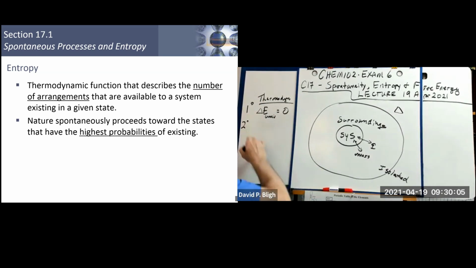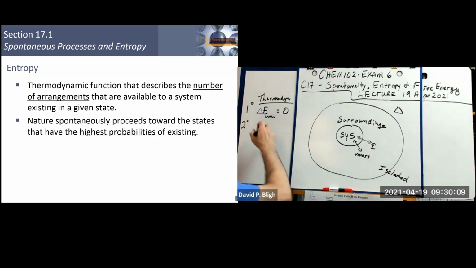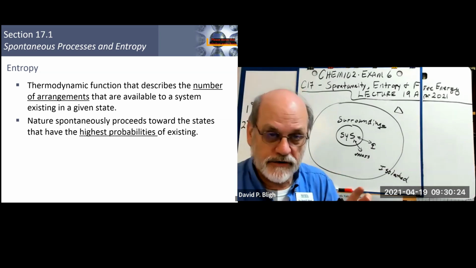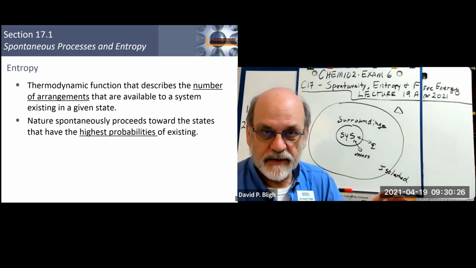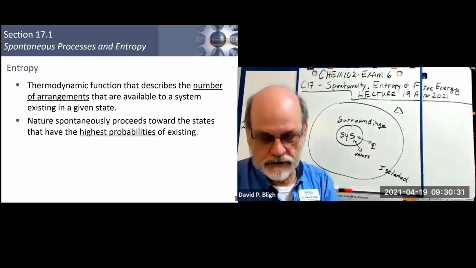The second law of thermodynamics refers to entropy. And here again, I do mean the universe, the entire universe. All processes taken together in the universe, sum them up, and you always get an increase in entropy for the whole universe.